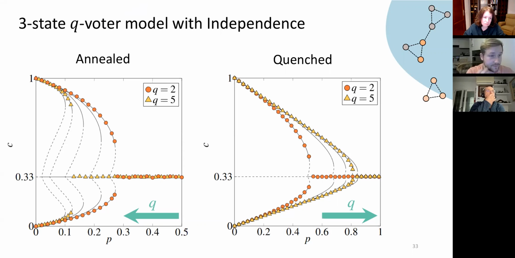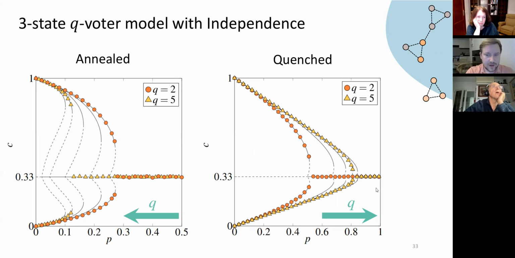So for example, for the 3-state q-voter model with independence, in the annealed and quenched case, so in both cases, we observe a hysteresis loop, so the discontinuous phase transition itself. And what we can see here is that in the annealed case, the hysteresis was much bigger than in the quenched case.